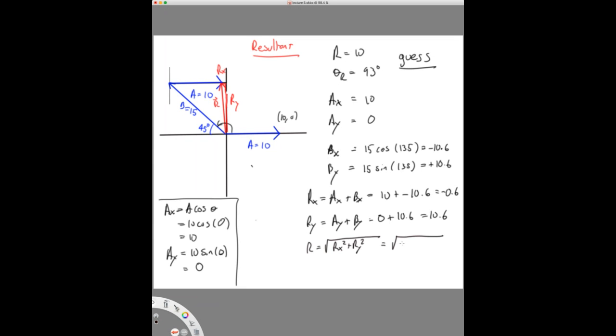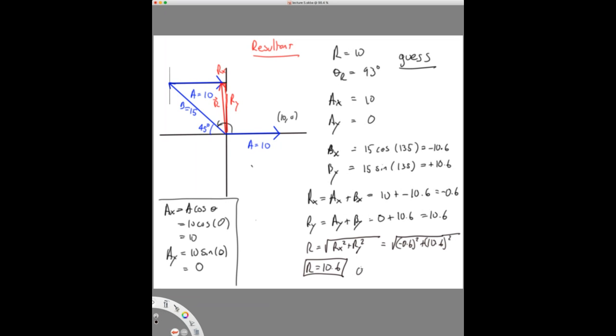It's going to be the square root of negative 0.6 squared plus 10.6 squared. And that's, well, it's like 10.62.